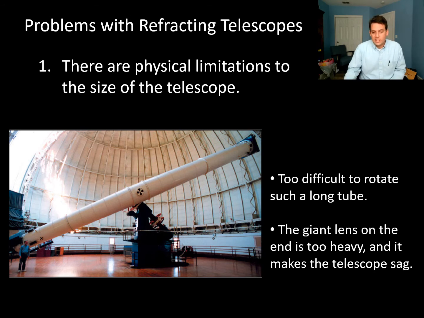And this is already a pretty unwieldy thing. I mean, you look at the focal length here. For scale, there's a guy standing next to it. If he's about 6 feet tall, you can kind of tell this is a really long tube. Okay, that gets pretty difficult to move, and just to practically point at anything that you would want to see in the sky.